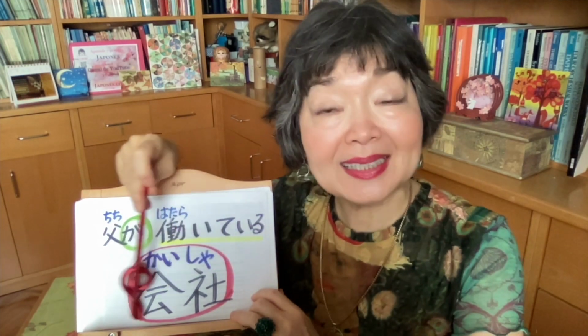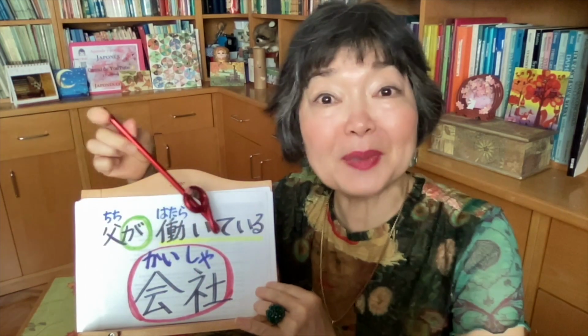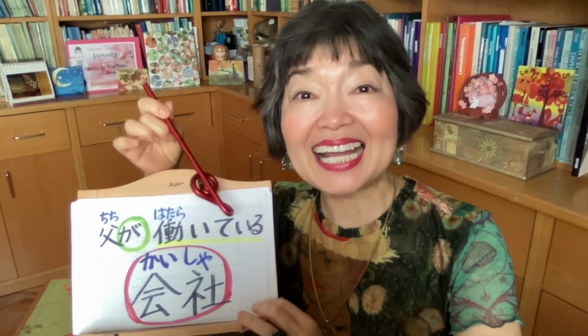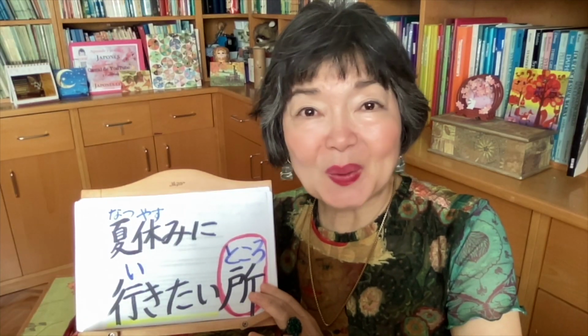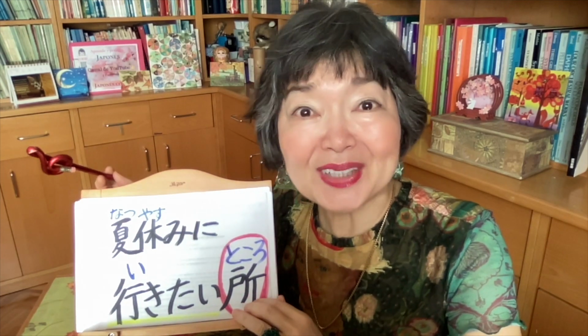And the last one is 会社, this is the noun that we were explaining. 父が働いている会社. The place where I wanna go on summer vacation.